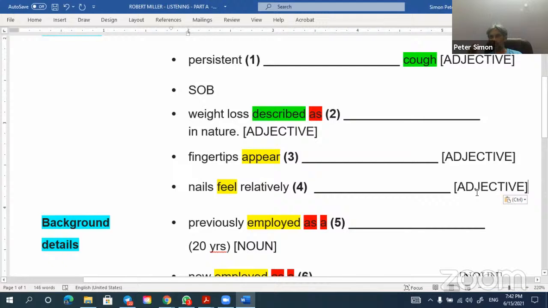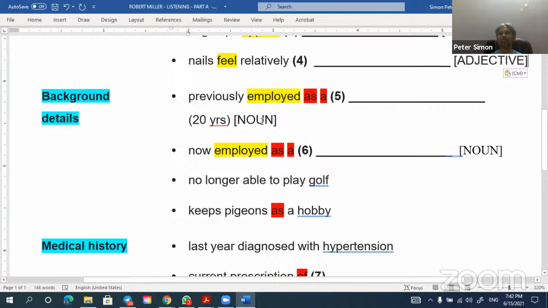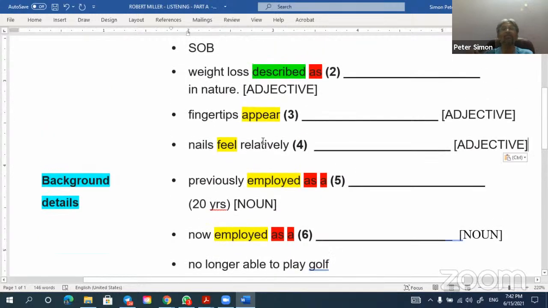Next one. So first one is an adjective, second one is an adjective, third one is an adjective, fourth one is an adjective. Next, fifth one you see, it is a noun. And sixth one, now employed as, again noun. He feels relatively happy.